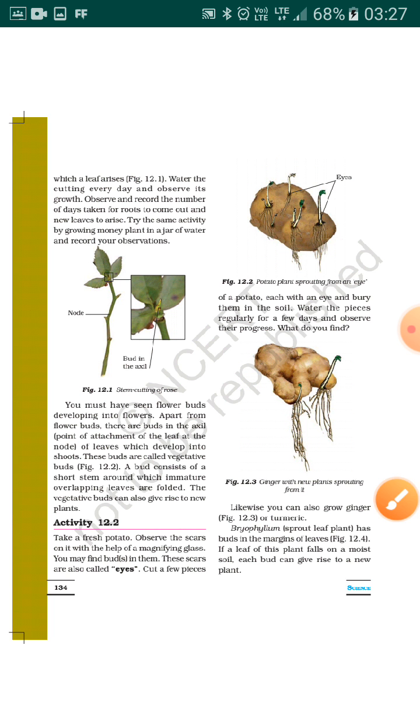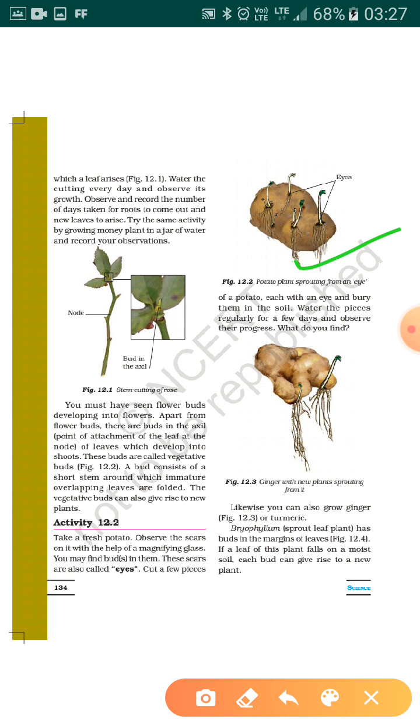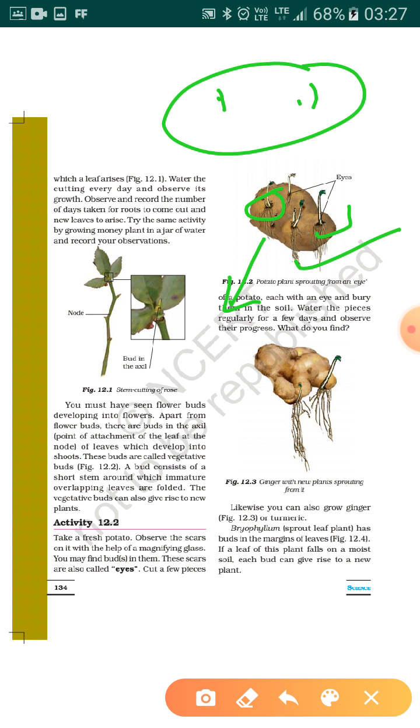Next, in the case of potato, you must have seen some eye-like structures in the potato. Here you can see in the given picture, and if you cut this portion of the eye and sow it inside the soil, and sprinkle some water over it, after a few days, because that eye has the vegetative part, it will sprout as a new plant.